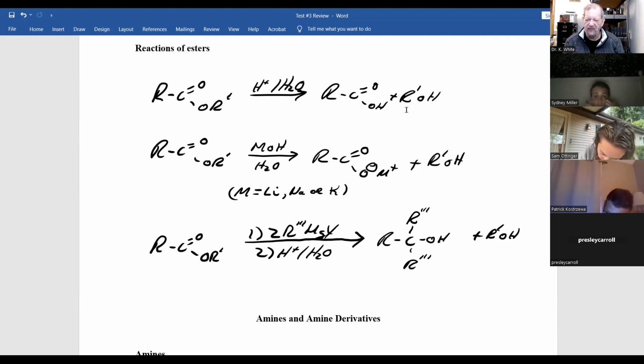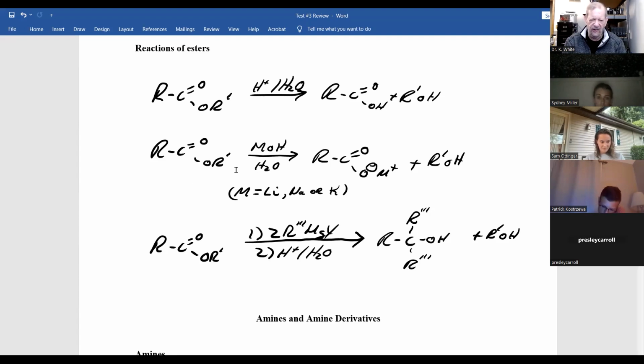Wherever you are, each of you, in your stomach. And we'll learn that later in the semester, when we get into fats and oils. This is how your stomach breaks down fats and oils to make carboxylic acids, otherwise known as fatty acids, plus the alcohol glycerin. So anyways, you should know that.